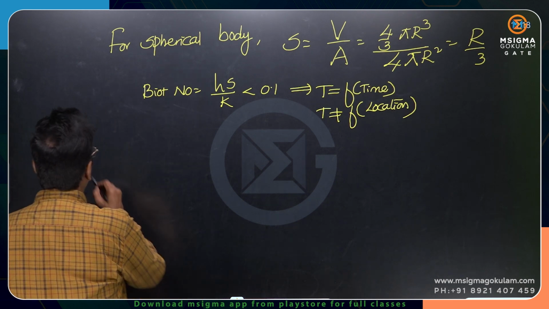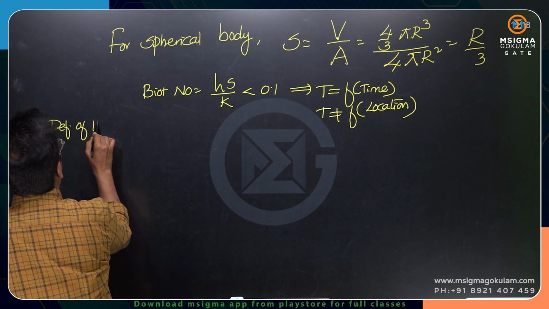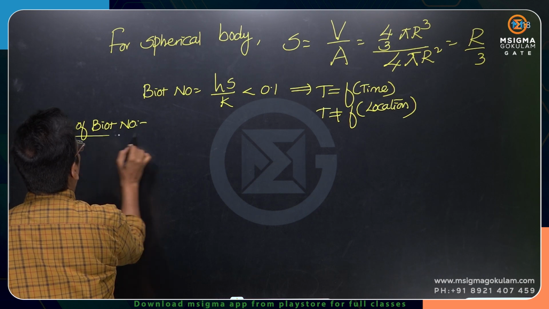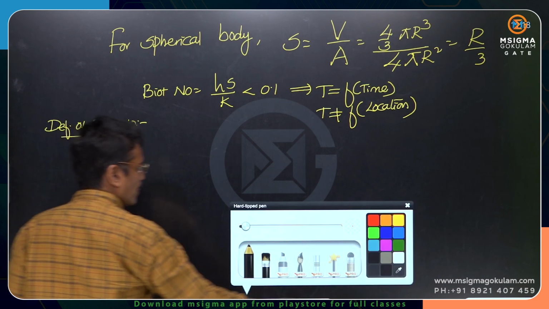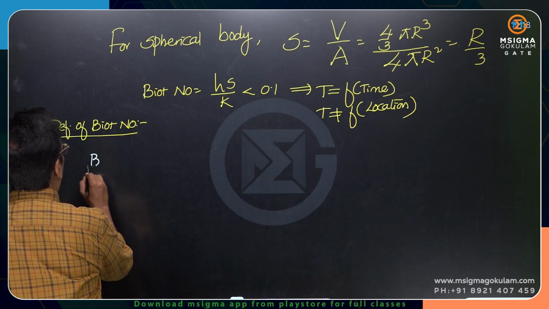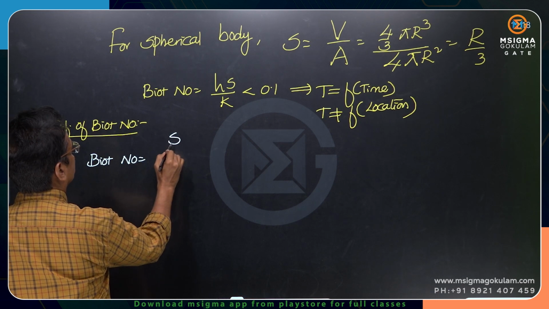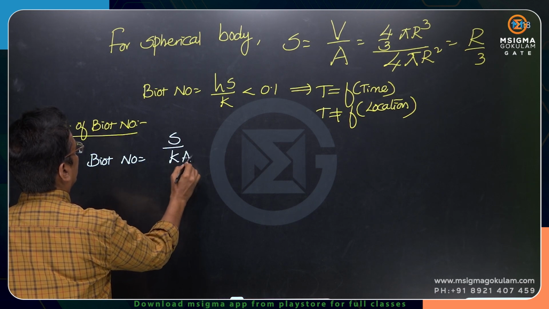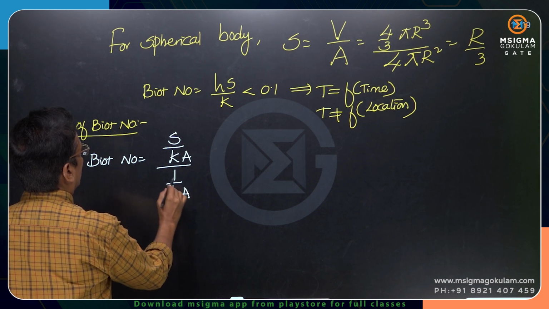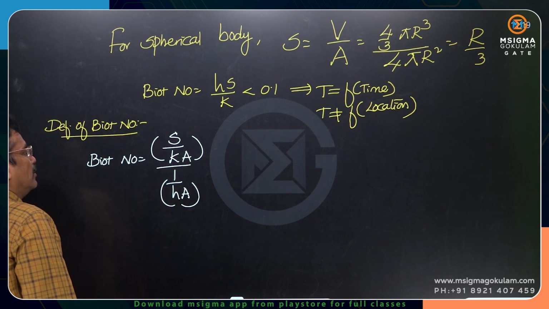I can give the definition of the Biot number also. You could write the Biot number as (S/k) divided by (1/h).